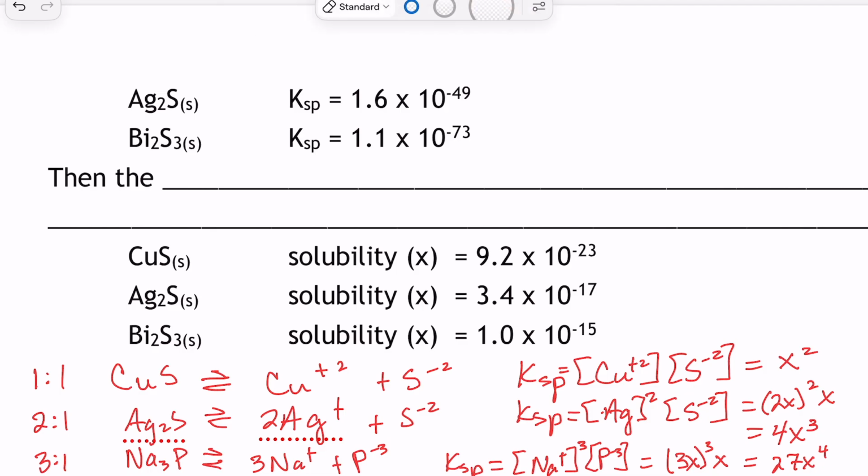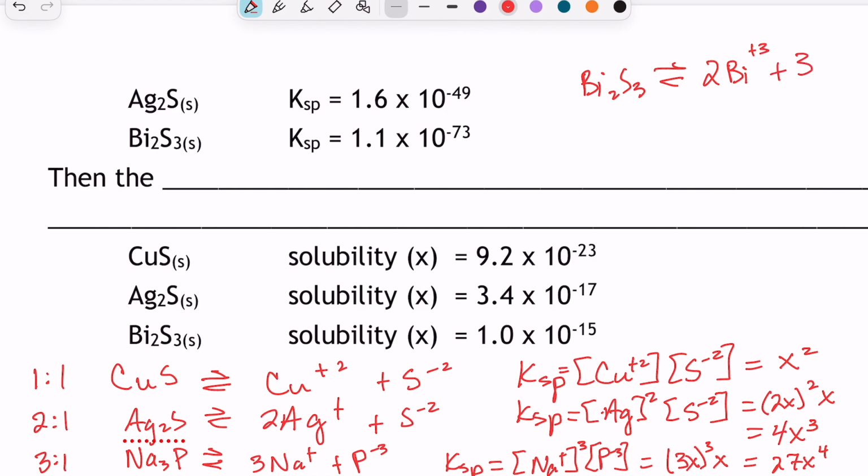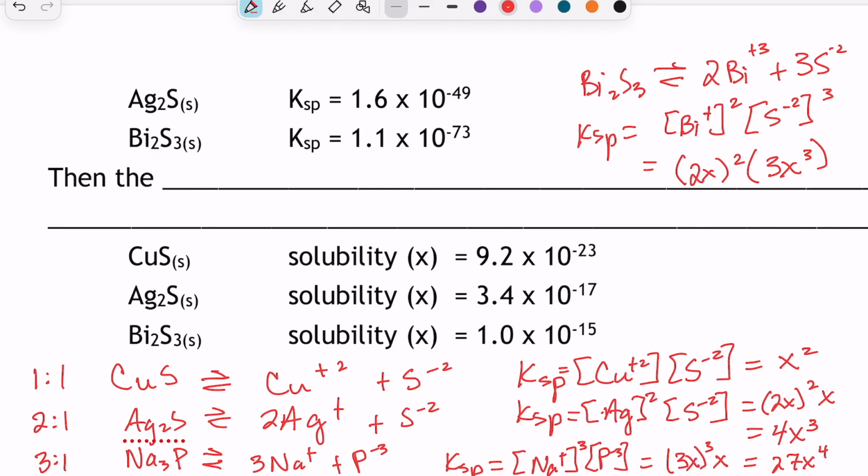And then the last one, which I'm going to put up at the top here, is like we have with the bismuth. If you have Bi2S3, which yields reversibly 2Bi3+ and 3S2-, our Ksp value is going to be the Bi ion squared and the S ion cubed, which translates to 2x squared times 3x cubed.